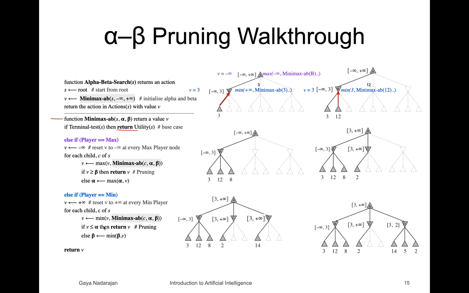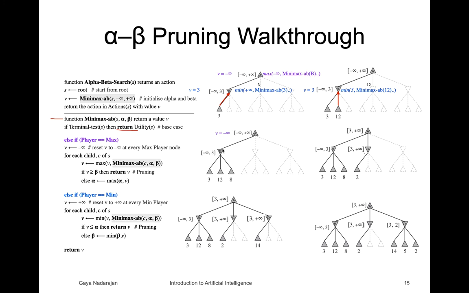It's also going to do these checks with alpha and beta, but nothing is going to change because nothing has happened to V. So now the next step is it would have done the third node, and it turns out that 8 is also not smaller than 3. So nothing changes.